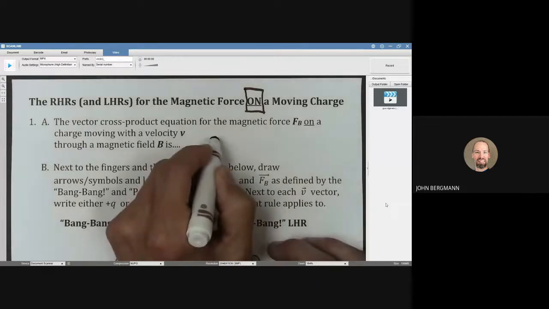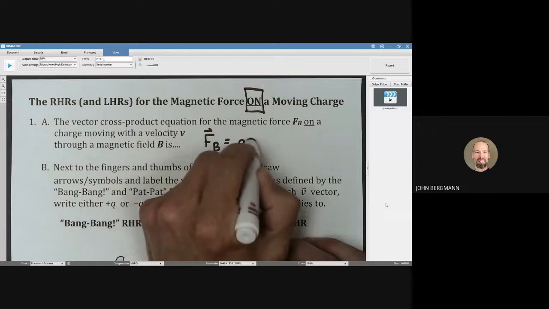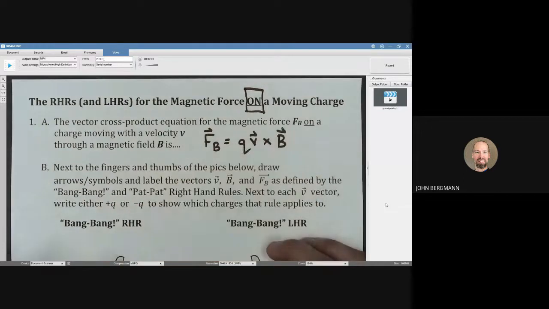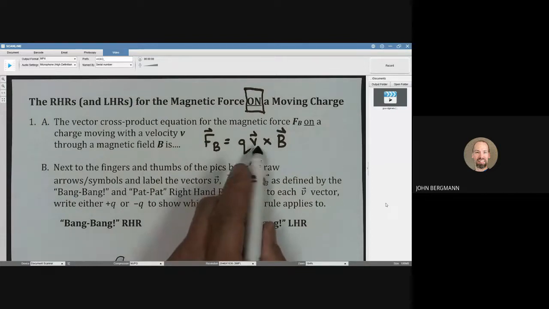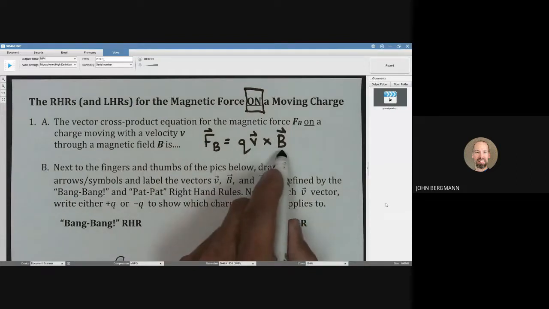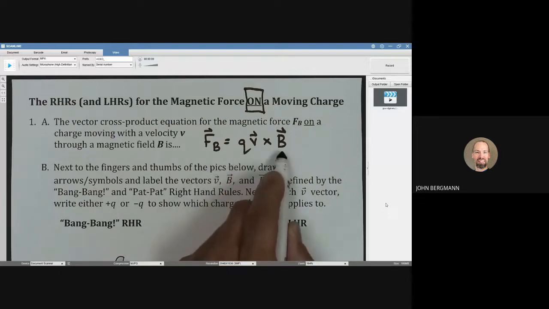The vector cross product equation for magnetic force that relates to these quantities is right there. What we have is a charge that is moving, and it's moving through an external magnetic field. This is not the magnetic field that the moving charge is creating. The moving charge is creating a magnetic field, but that is not this field.